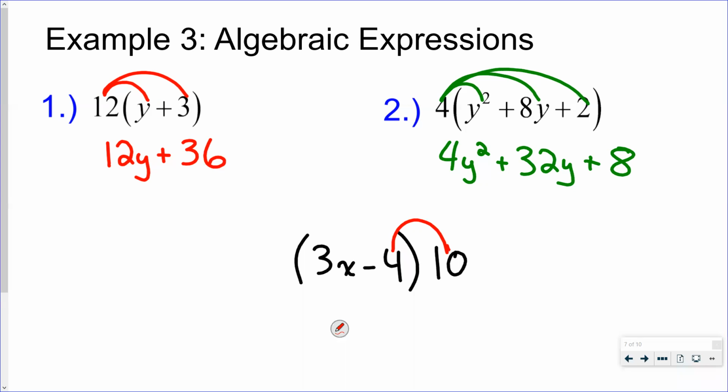So we're going to distribute the 10 here. 10 times 3x is 30x minus, because we're bringing down the minus, 10 times 4 is 40. Remember, we just multiply through whatever it is.